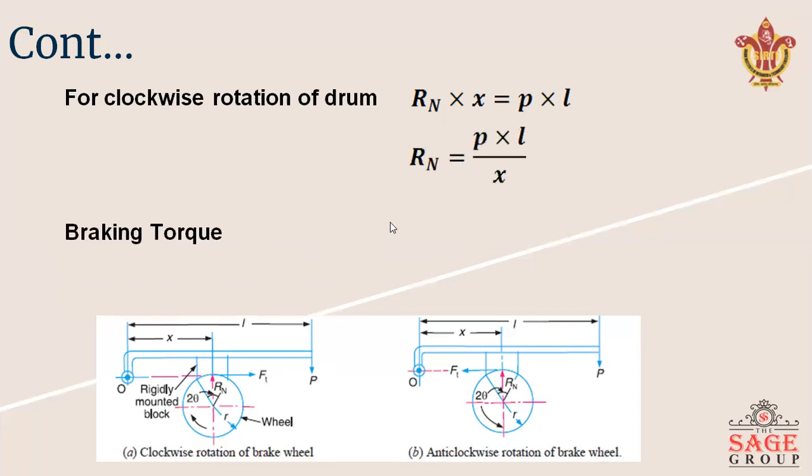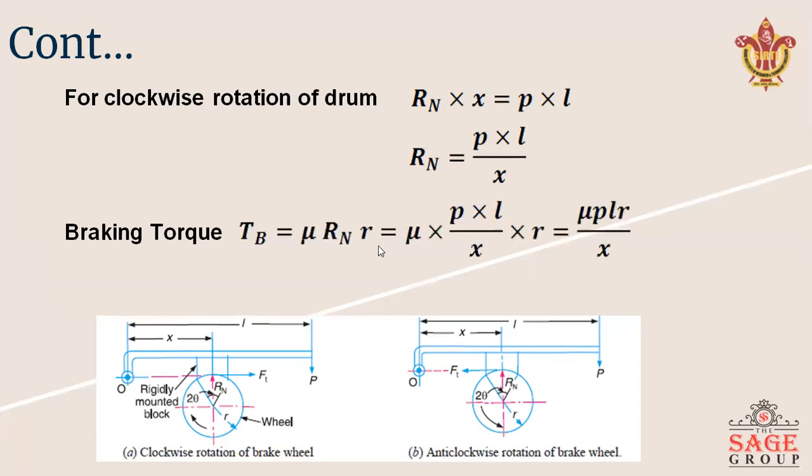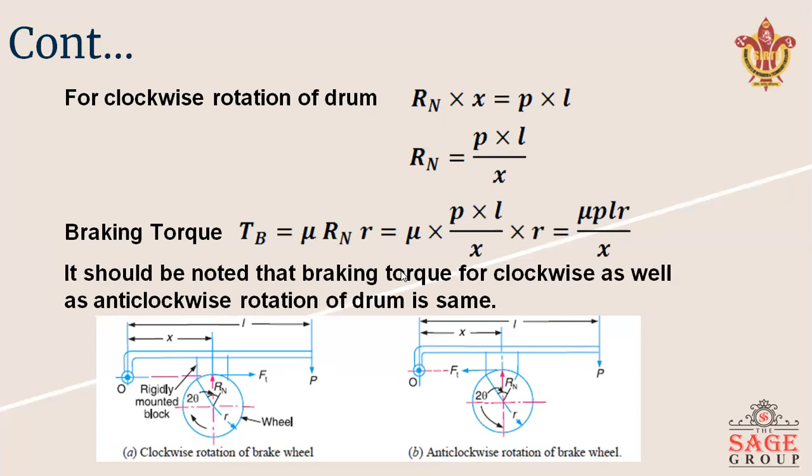So Rn is equal to this, and the braking torque we can calculate by the formula mu Rn into R. For anti-clockwise rotation of the drum, it should be noted that the braking torque for clockwise as well as anti-clockwise rotation of the drum is the same.